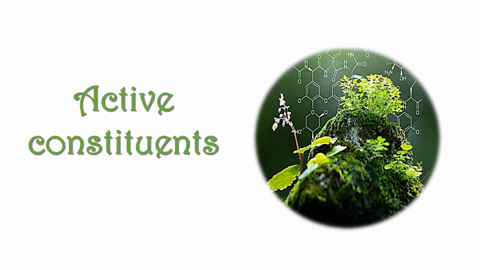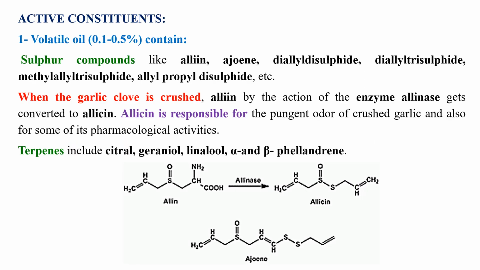And now we are going to discuss the active constituents present in garlic. Garlic has very important and characteristic classes of active constituents. We previously described the garlic cloves as odoriferous, having a characteristic, not aromatic but very strong odor, because it contains volatile oil from 0.1 to 0.5 percent.